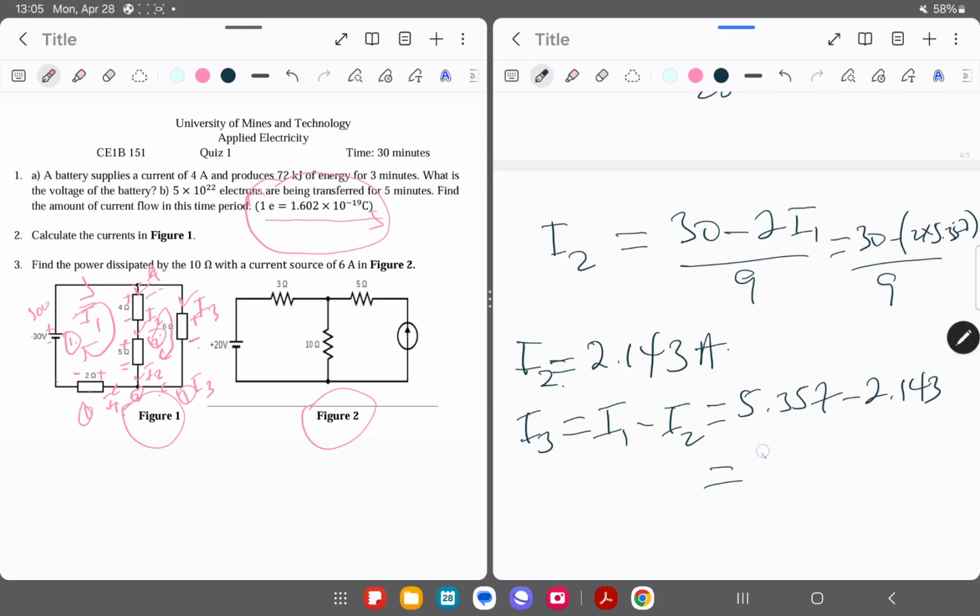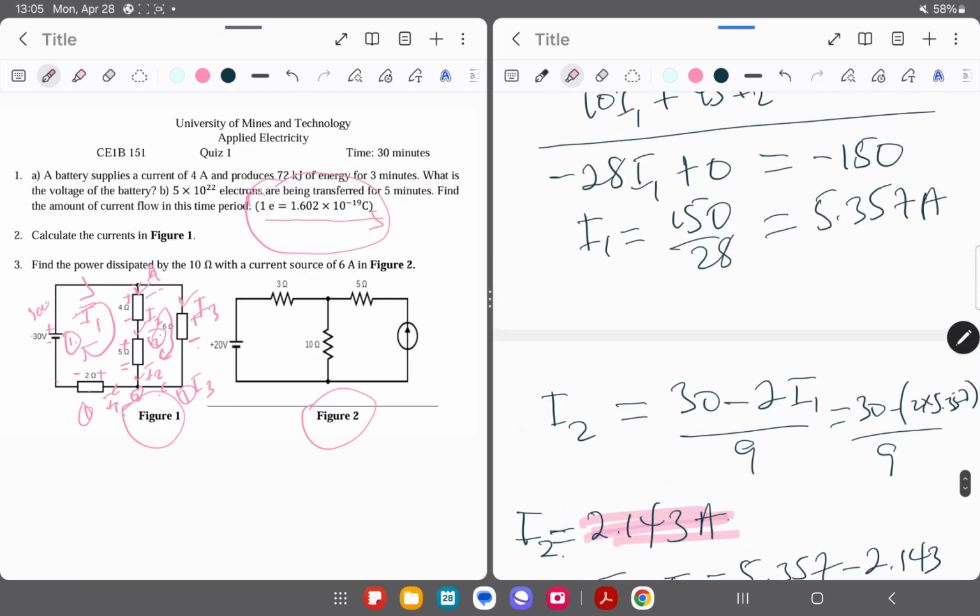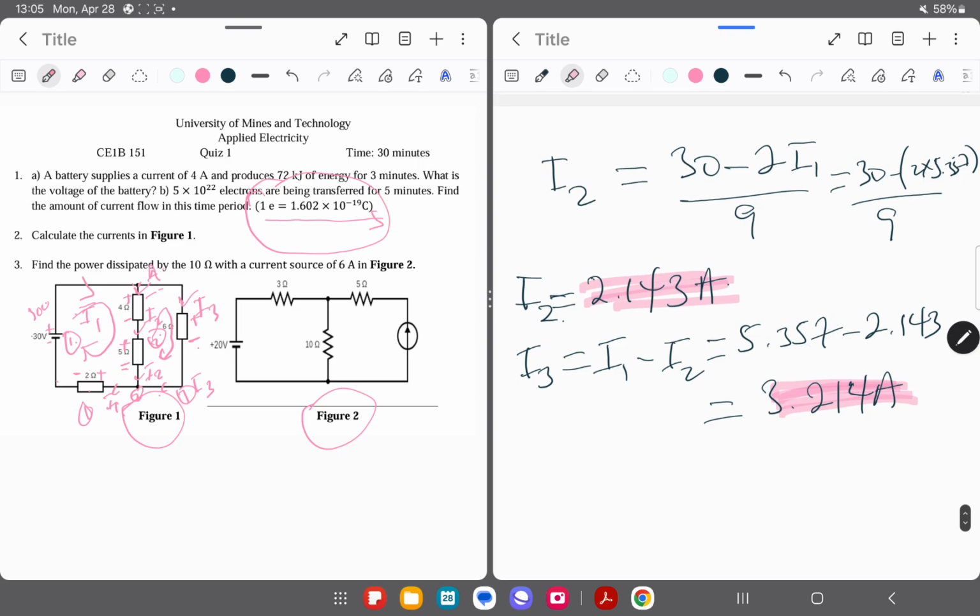That is going to be 3.214 amps. So we have this. So I have my I3, I2, I1. So we've calculated the currents for question 2.